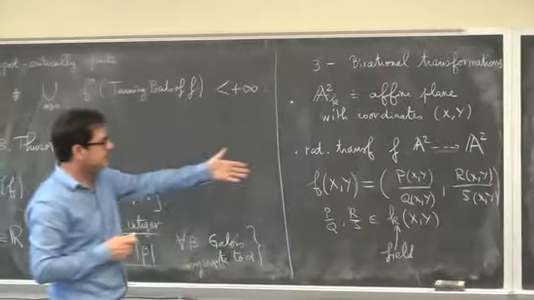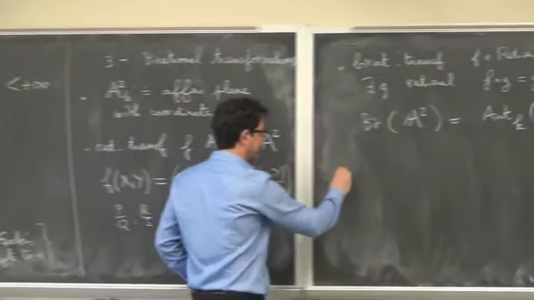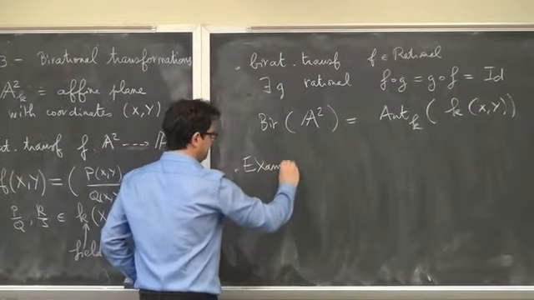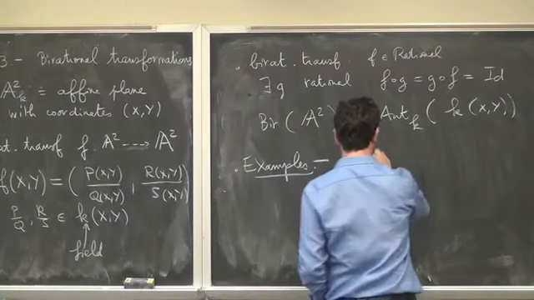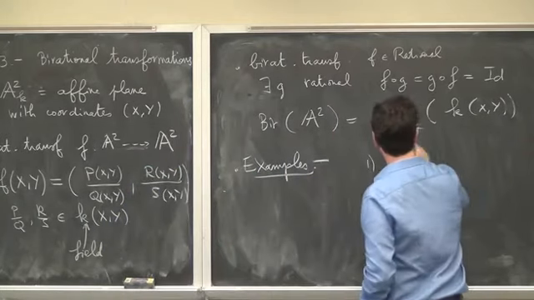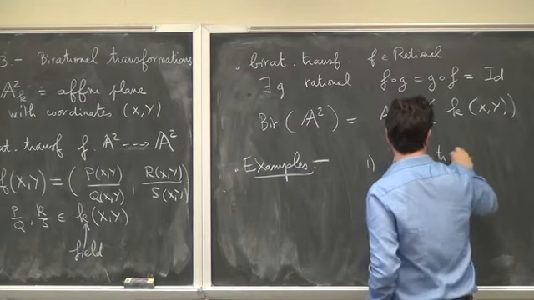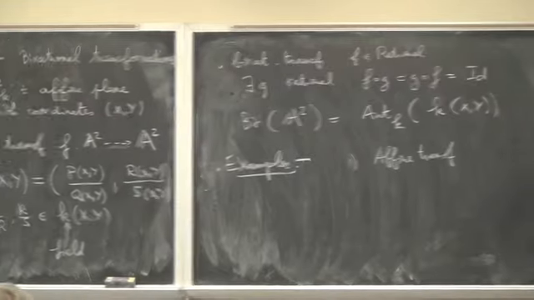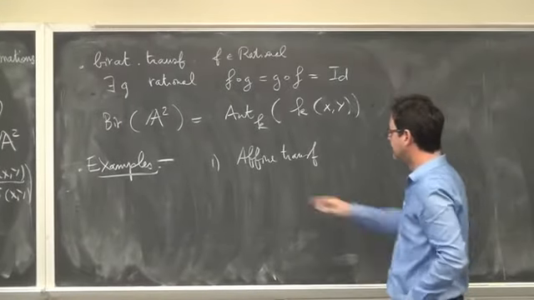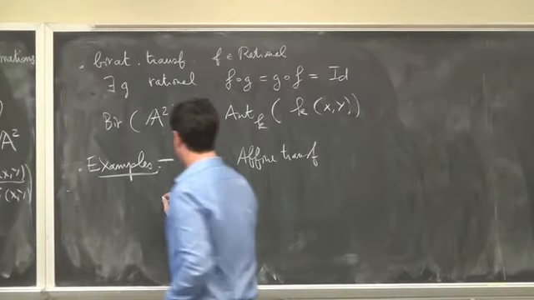Okay, let me give examples of birational transformations. The first example: you can take an affine transformation, a linear part plus a translation. These transformations are well defined as well.